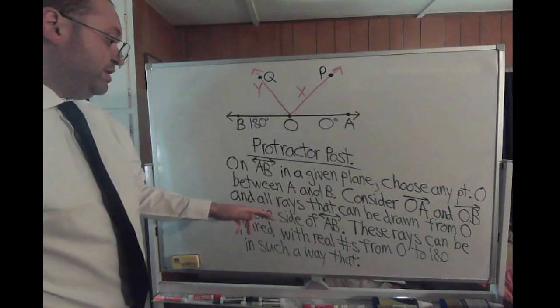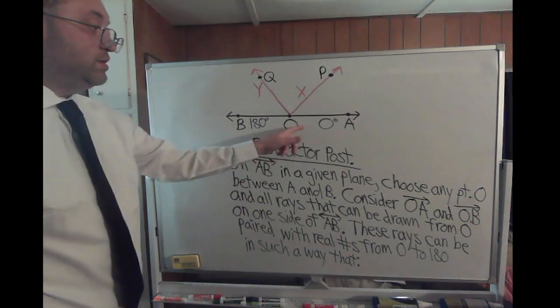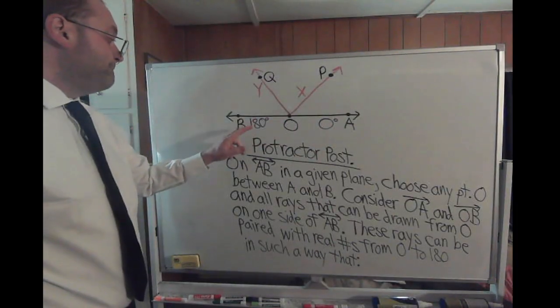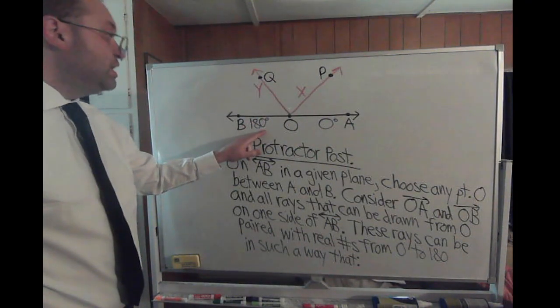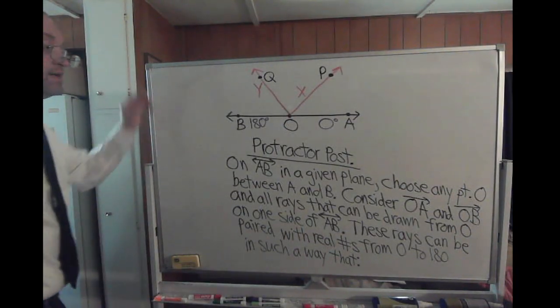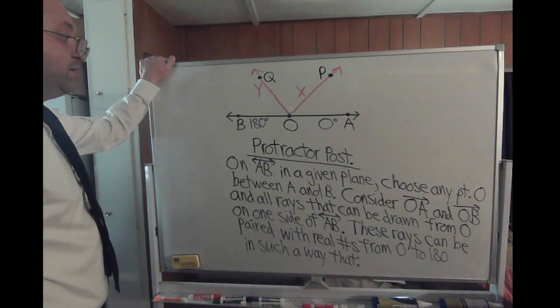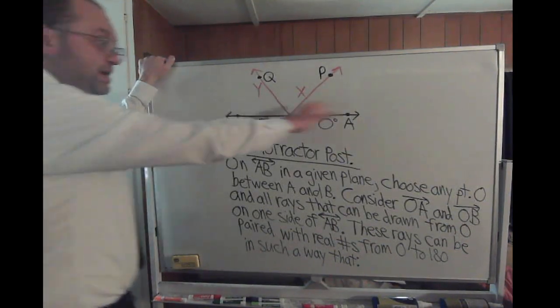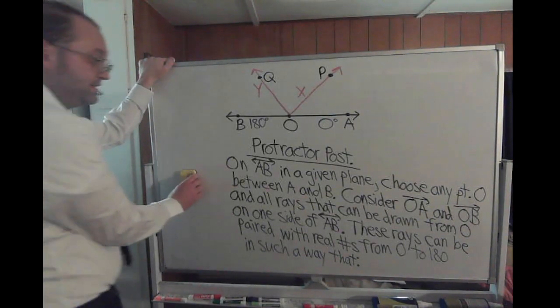These rays can be paired with real numbers from 0 to 180 in such a way that, okay, OA is paired with 0, B is paired with 180. We don't know X, we don't know Y, we don't really need to at this point, because this is just an overall postulate. But the idea is here we're mimicking a protractor, basically. That's really what the whole idea is.